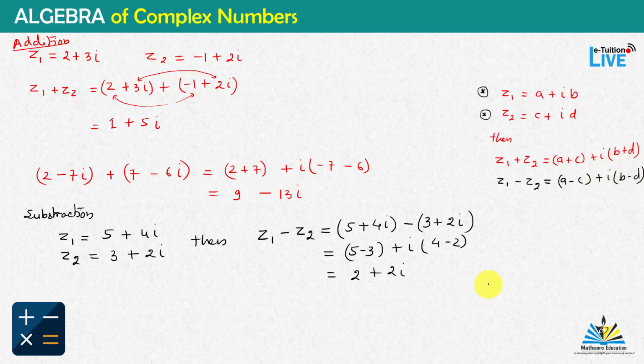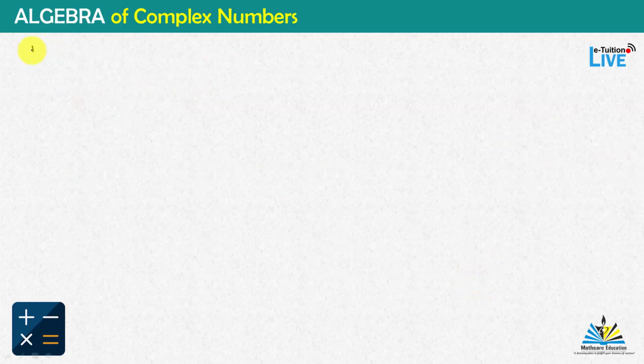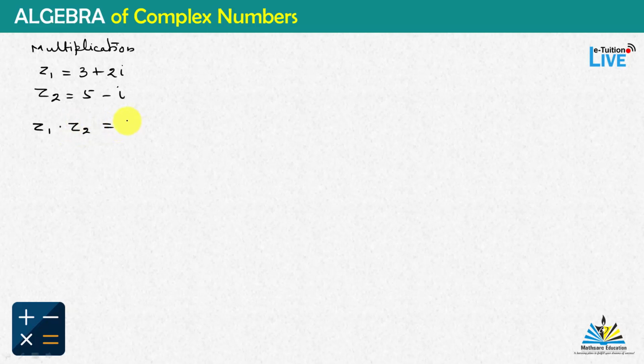Let's move on to the multiplication of complex numbers. Let's understand multiplication. So let's have Z1 as 3 plus 2 iota and Z2 as 5 minus iota. Then Z1 into Z2 can be written as 3 plus 2 iota into 5 minus iota.